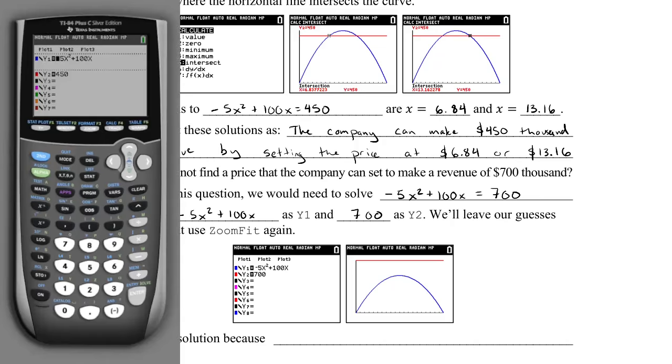So we'll leave y1 alone. We'll change y2 to be 700. And, guessing x between 0 and 20 has worked for us so far. I'm just not going to change it at this point. I'm just going to go straight to running zoom fit.